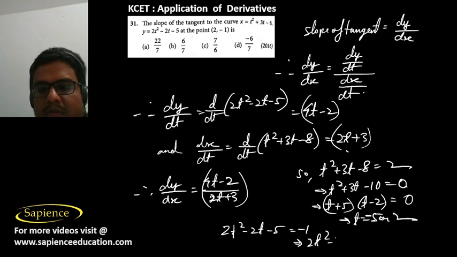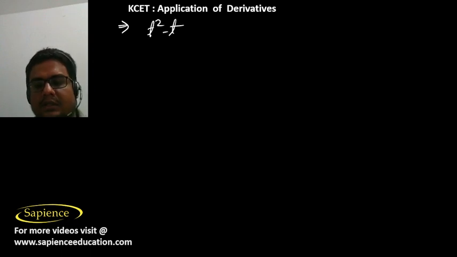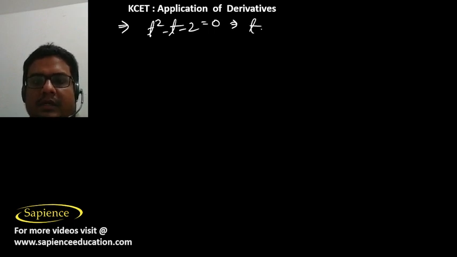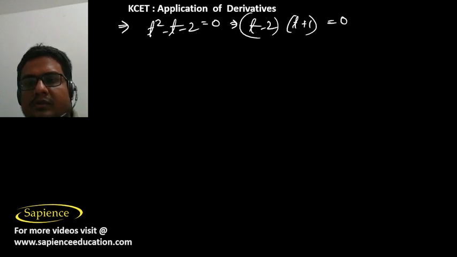If you factorize it, we get a common solution, t equal to 2.